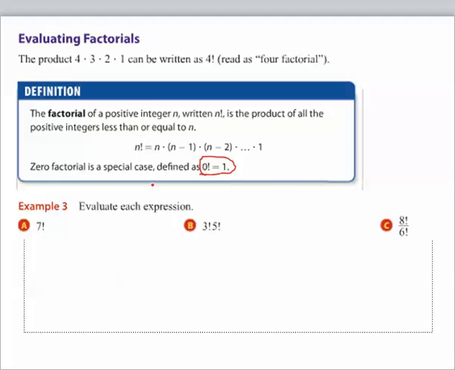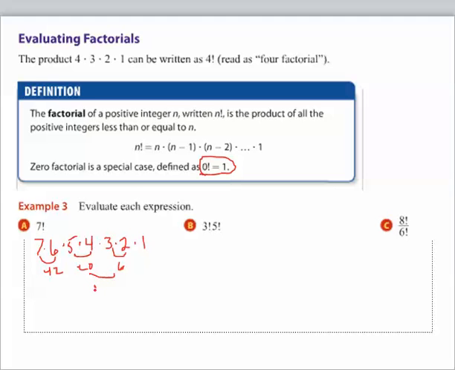So let's look at a couple of these and see how they work out. So we've got 7 factorial. That's 7 times 6 times 5 times 4 times 3 times 2 times 1. Well, 7 times 6, that's 42. 5 times 4, that's 20. And 3 times 2, that's 6. Well, I can multiply these two together easy enough.